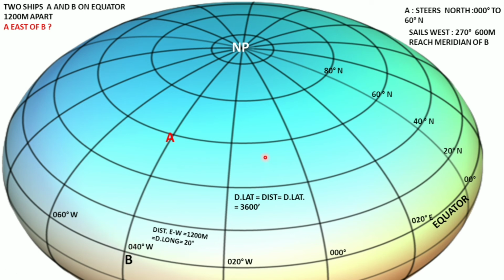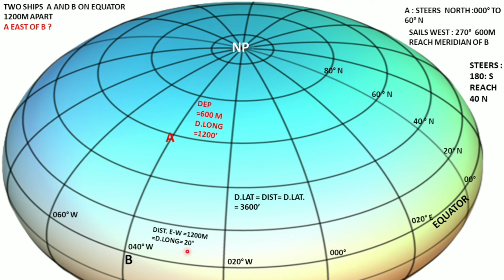So whatever the d long was between A and B here, that is the d long she has made. And she sailed from this point to this. So the departure covered east and west is the distance, and the d long made by it is still the same 20 degrees. So departure taken as 600 miles and the d long is still the same 20 degrees.